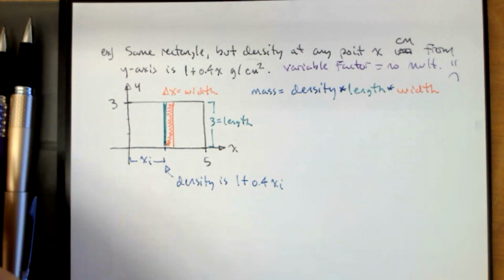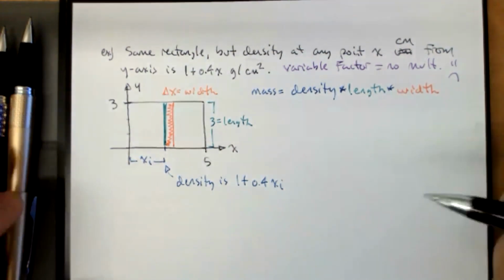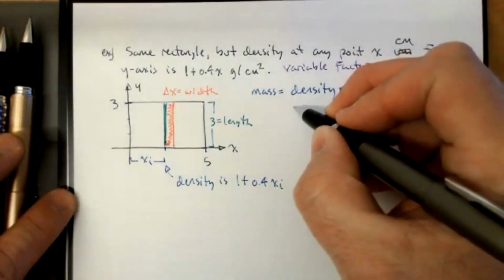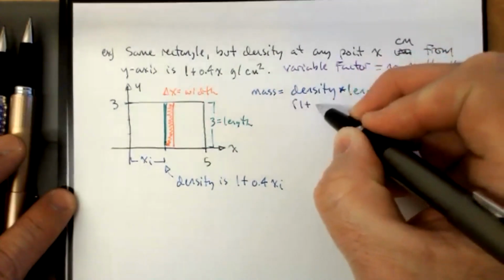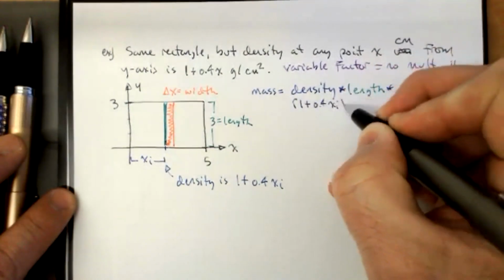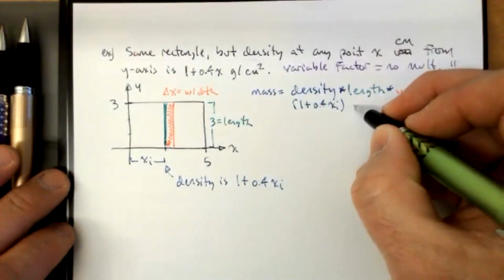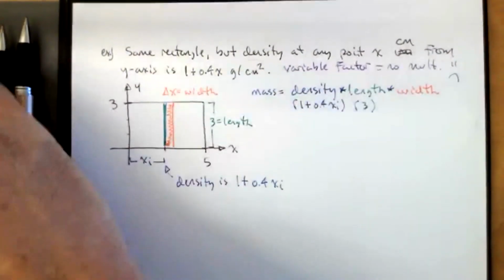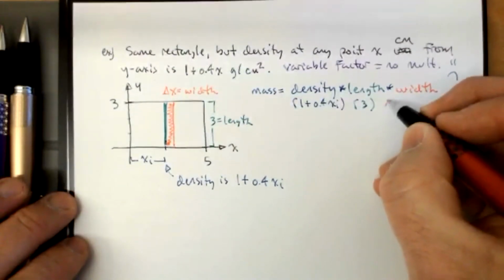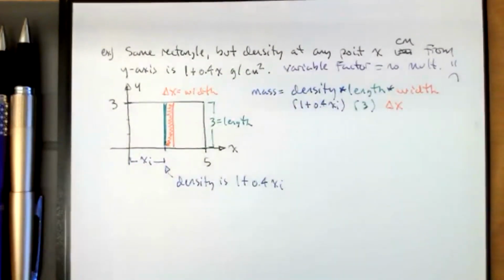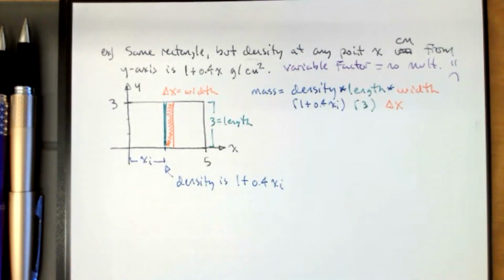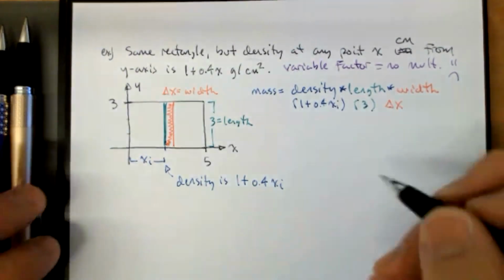So our density at this point is 1 plus 0.4 xi. Our length at this point is a 3 always. And our width is the delta variable, delta x. Now we just add up the masses of all these rectangles, and that becomes our definite integral.